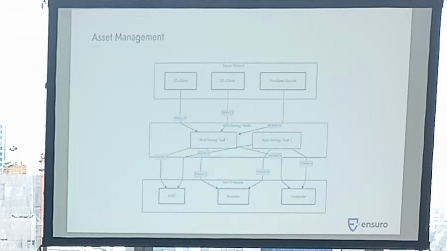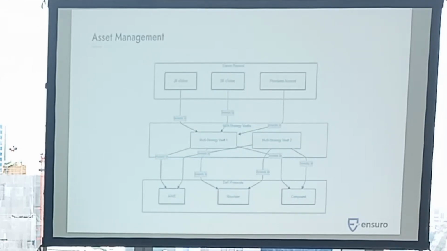A final component of the protocol, and this is also a relevant part for the investor, is the asset management. For solvency reasons, all the funds need to be in the protocol, but that doesn't mean the funds need to sit there without generating any yield as USDC. We have a component that allows us to invest those funds into different DeFi strategies.